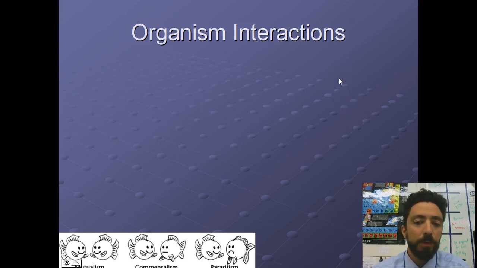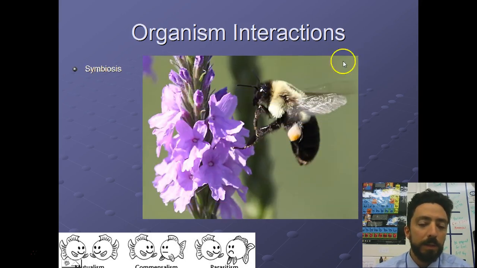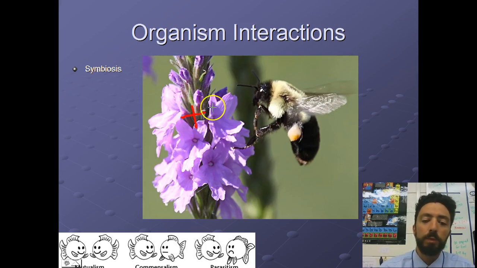Organism interactions. This would be interaction between two organisms, and there are a couple different ones. The first one of them is symbiosis, also known as mutualism. In symbiosis, you have both parties receiving a positive benefit. The flower, in this case here, is going to get the positive benefit of pollination. It needs the bee in order to reproduce.